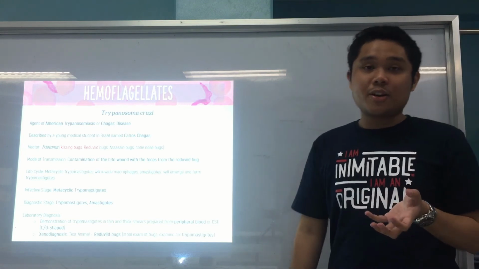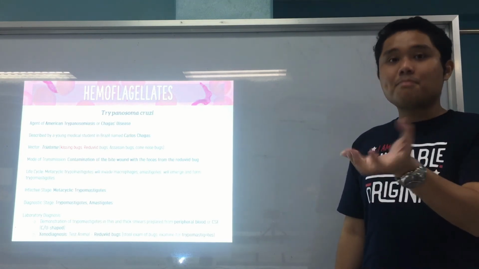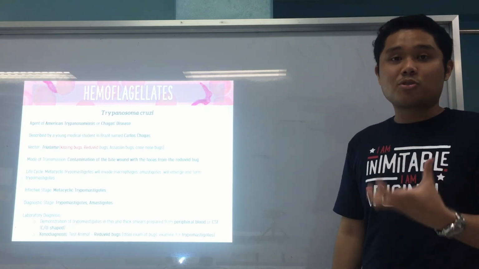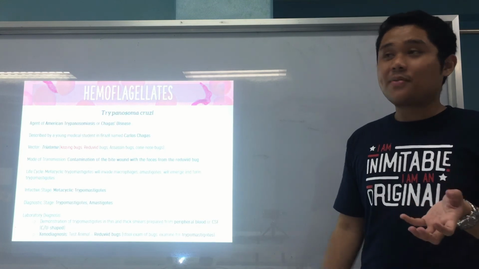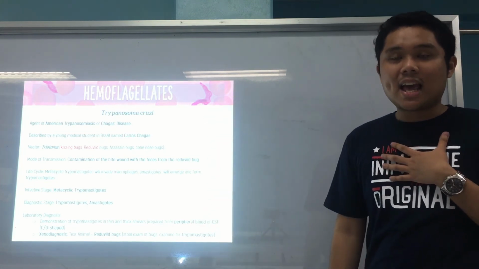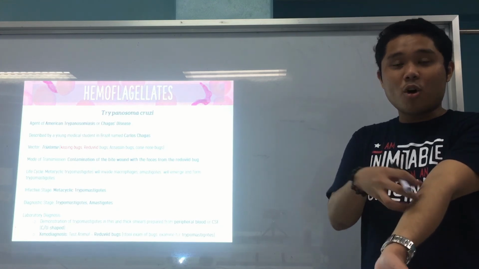So how does xenodiagnosis work? For example, you take a patient positive for trypanosomes, or a patient suspected of having American trypanosomiasis. Then you let the reduviid bug feed on the patient.